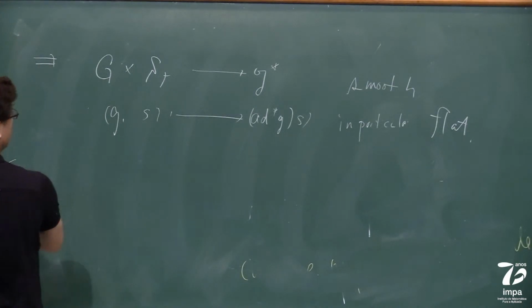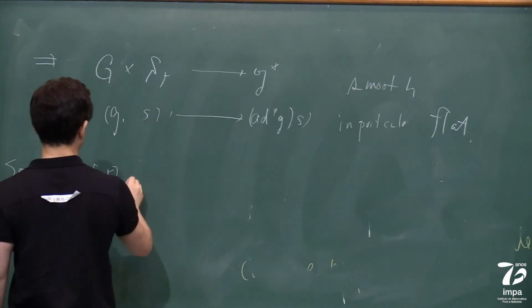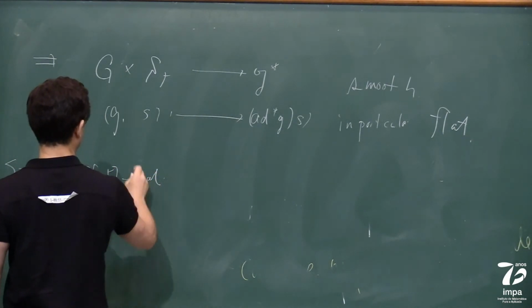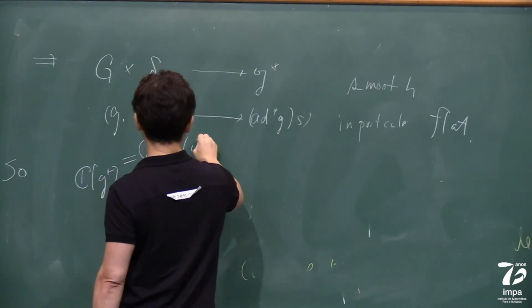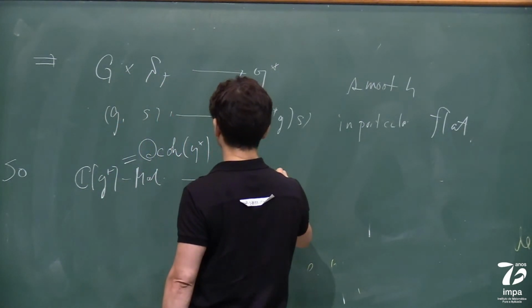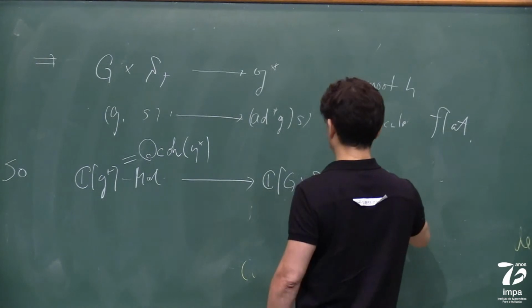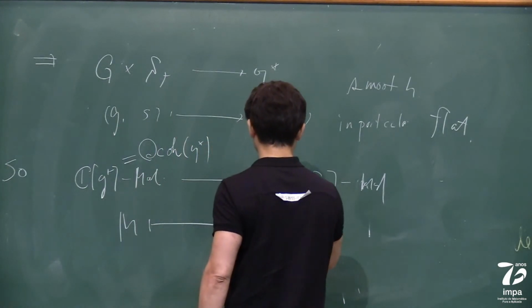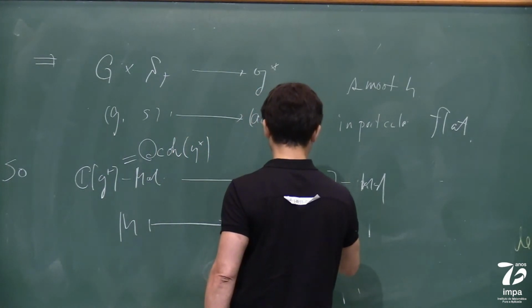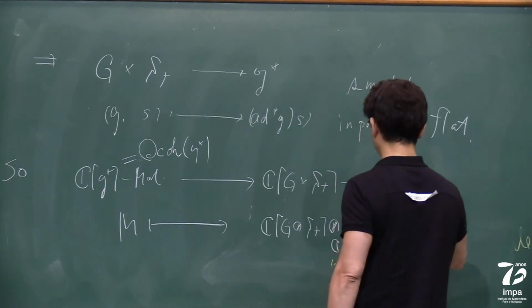So the functor from the category of CG star modules, which maybe I identify with the category of quasi-coherent sheaves on G star, to C of G times S, that sends M to CG tensor SF tensor CG star M, is exact.